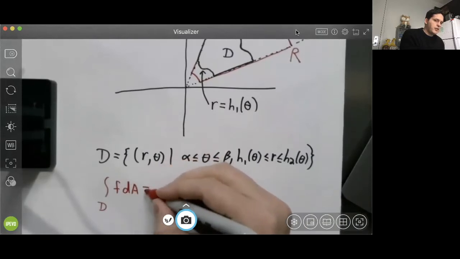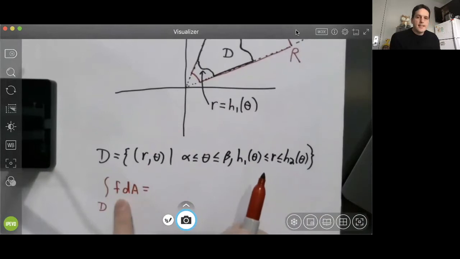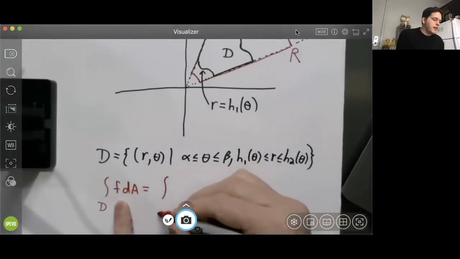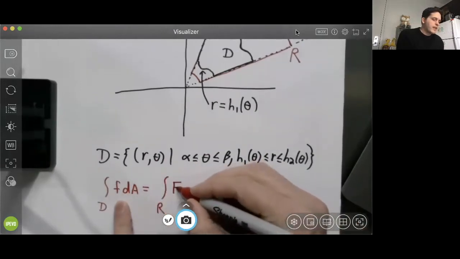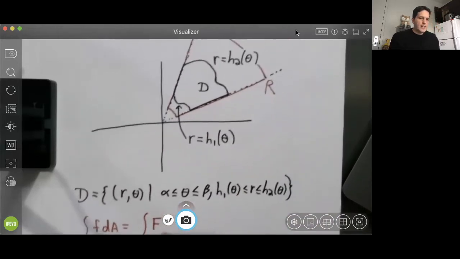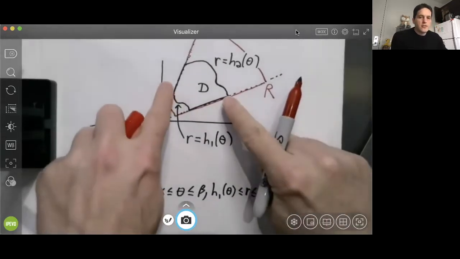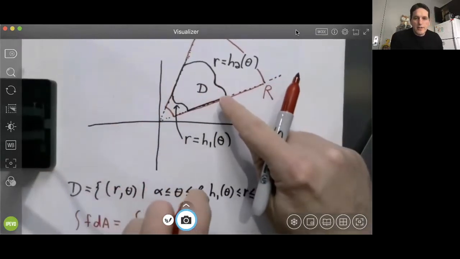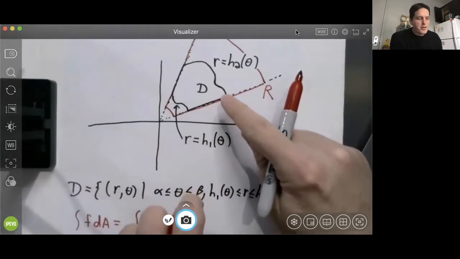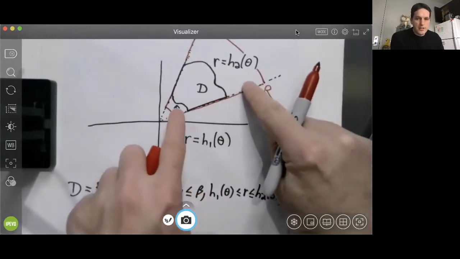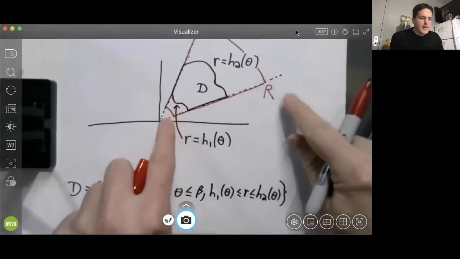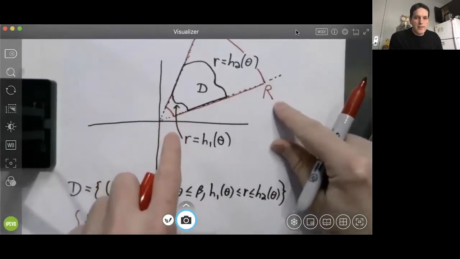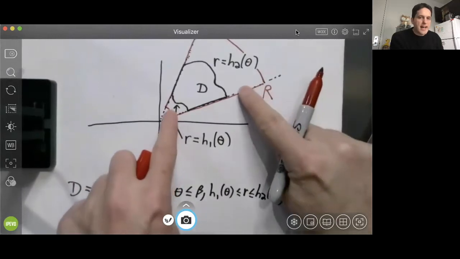What we're going to do is extend this function f. We're going to introduce a new function, which I'm going to call capital F. Capital F is going to be equal to lowercase f everywhere inside this region D that we want to integrate over. And capital F is going to be equal to 0 at every point in this polar rectangle R that is outside of D.